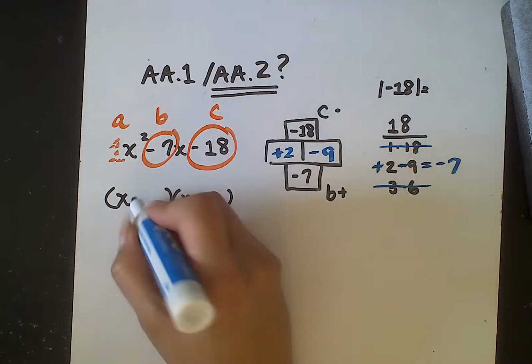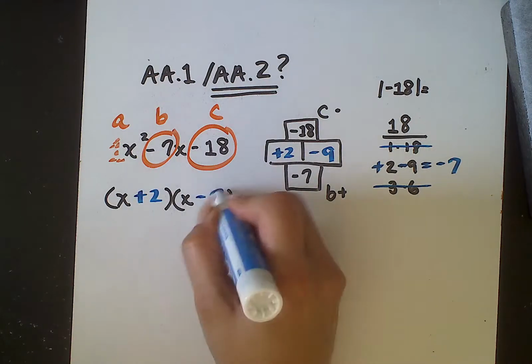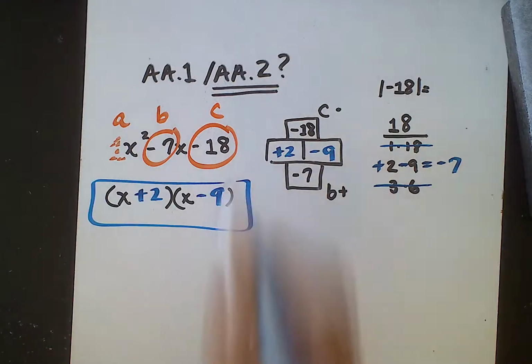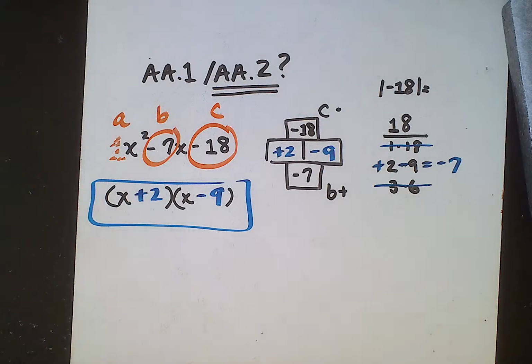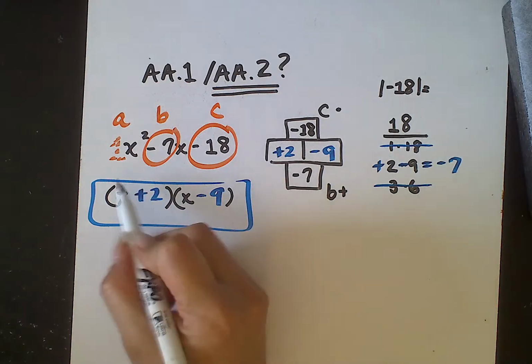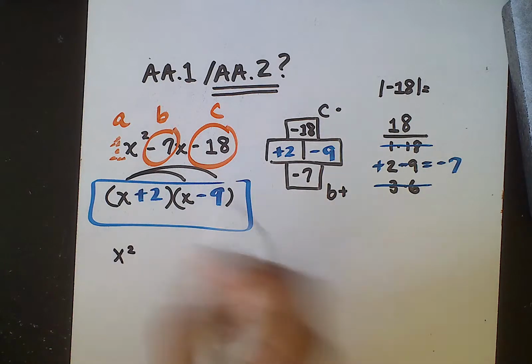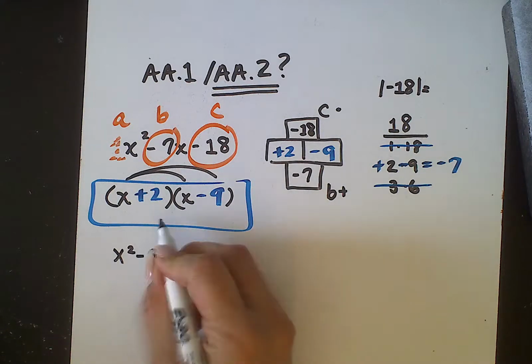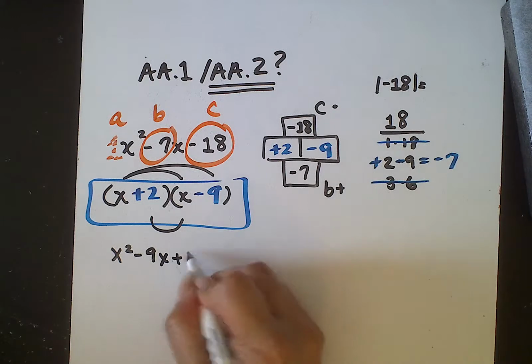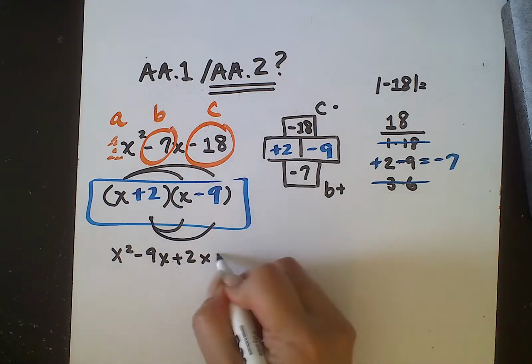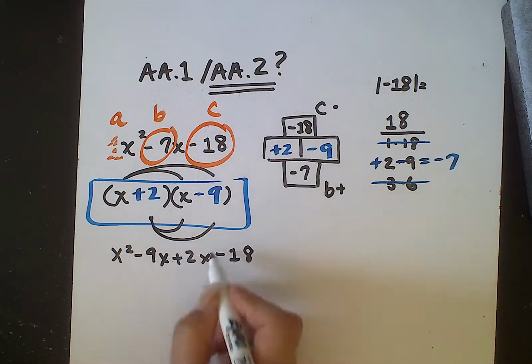Then I'm going to put my +2 and my -9. That's my final answer. Now, if you wanted to double check your work, literally just double distribute. So I have x squared minus 9x plus 2x minus 18.